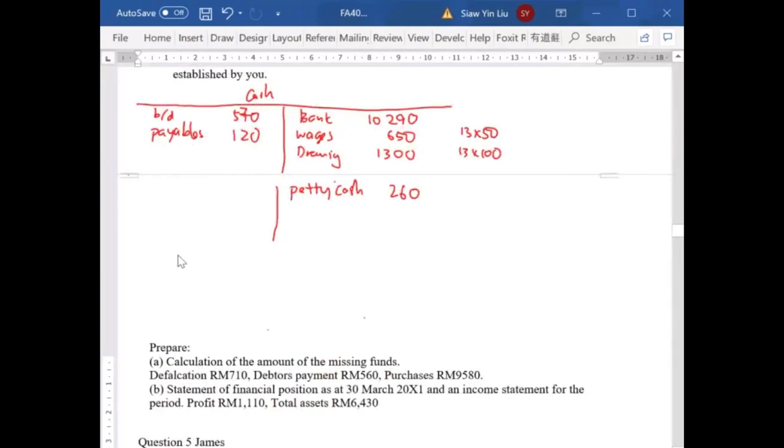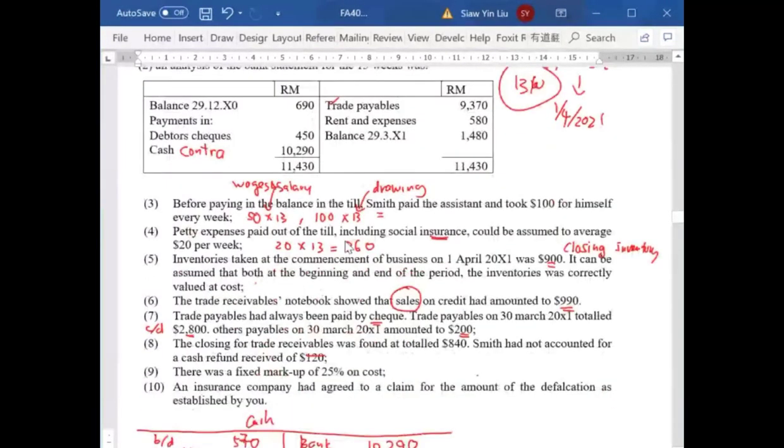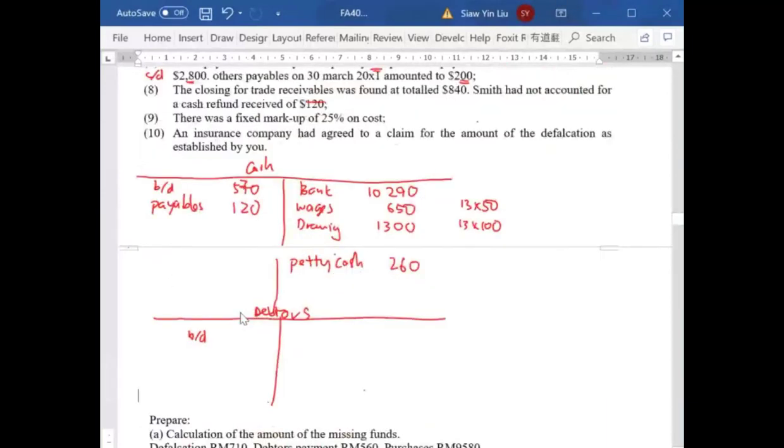Is your debtors account and your creditors account. Okay, so with debtors account, if you remember the opening, just now opening is 860. So here you have 860.